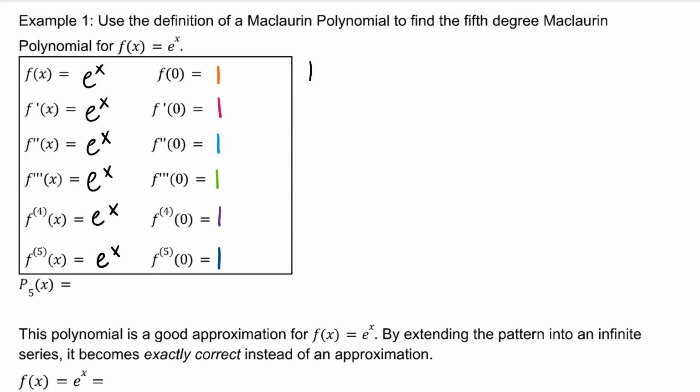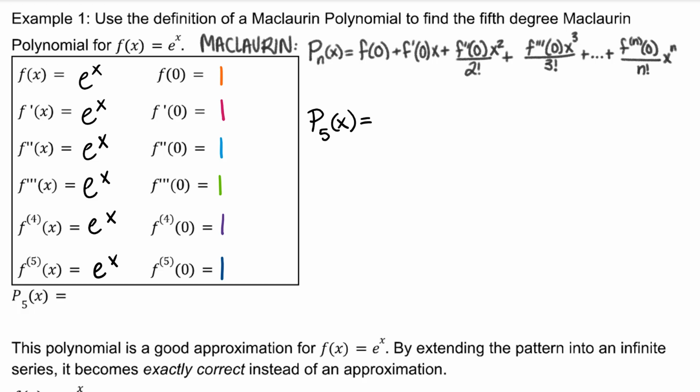Because this is a 5th degree polynomial, I will write it as p sub 5 of x. Following our formula for a Maclaurin polynomial, we'll begin by putting f of 0, then adding f prime of 0 times x plus f prime prime of 0 times x squared over 2 factorial plus f prime prime prime, the third derivative of 0, times x cubed over 3 factorial.